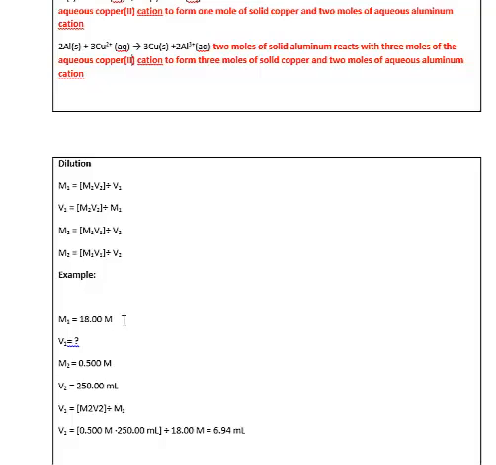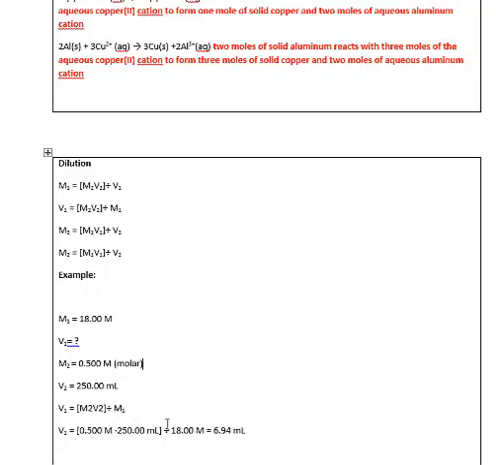M1 equals 18.00 M. V1 equals, we don't know. M2 equals 0.500 molar. V2 equals 250.00 milliliters. V1 equals M2V2 divided by M1. These two should be subscripts.